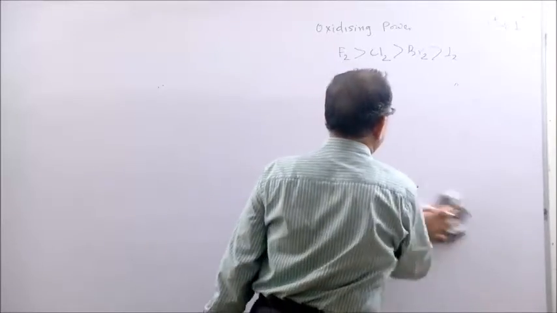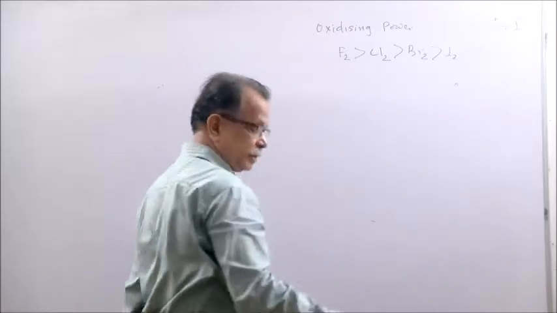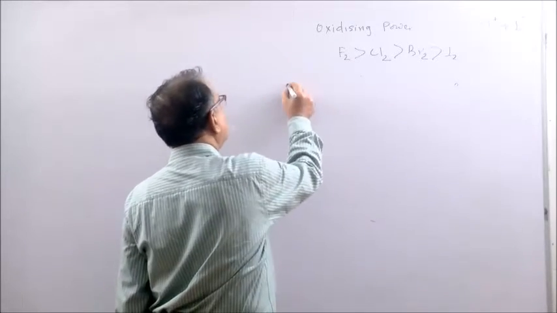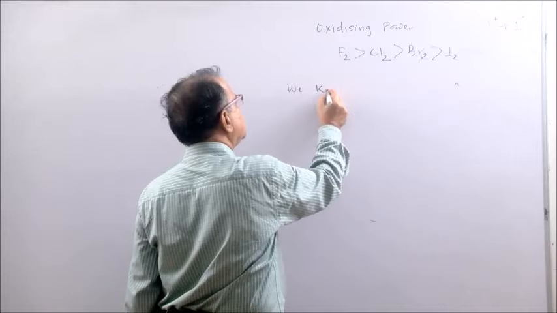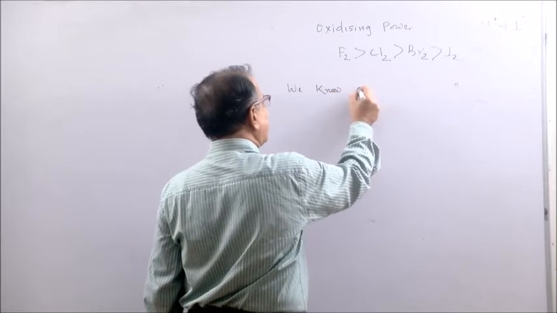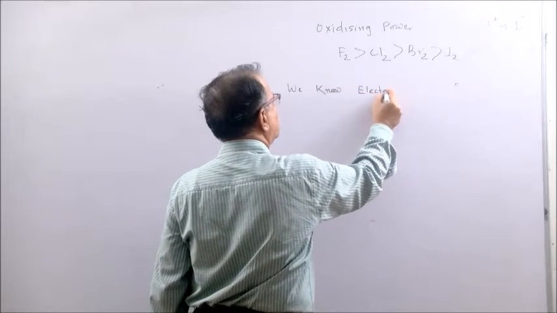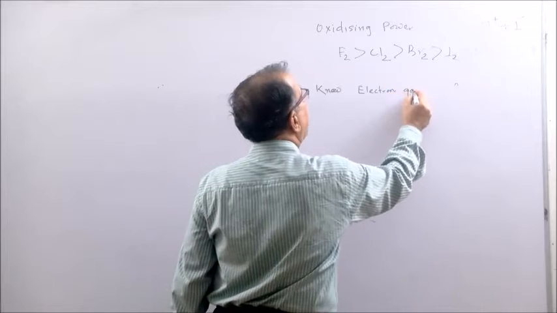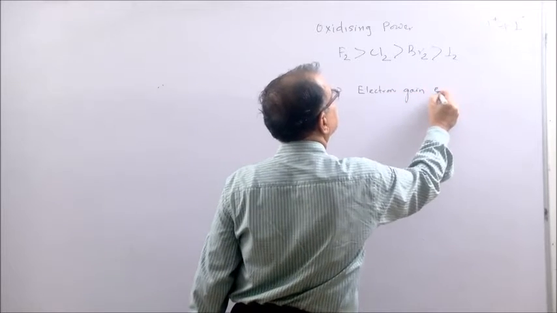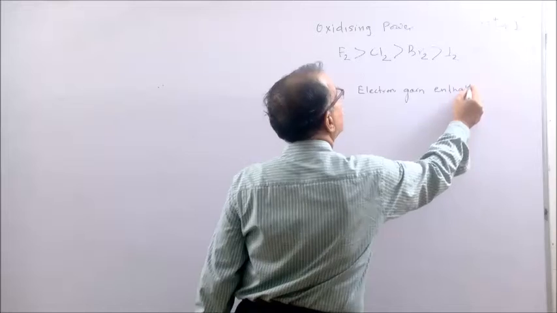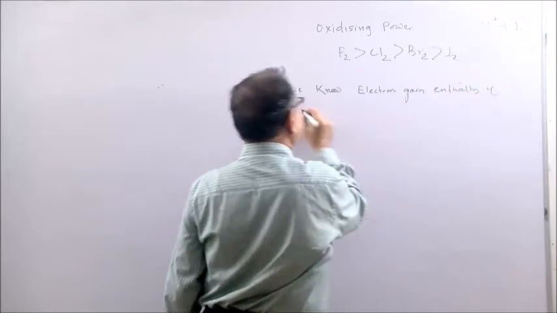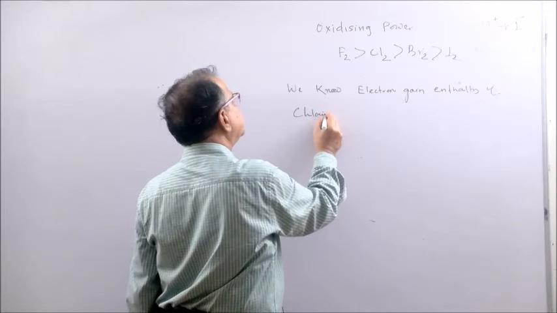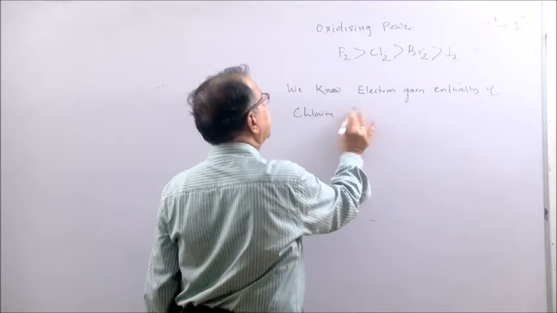Look, we know the electron gain enthalpy of the chlorine atom is greater than that of fluorine.